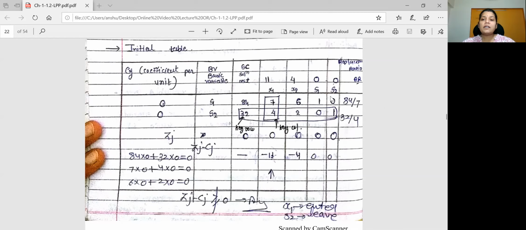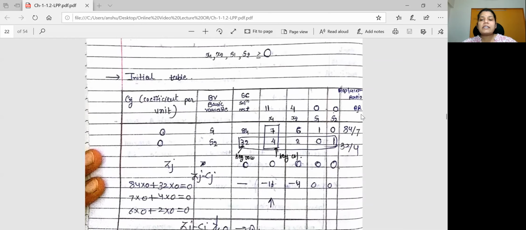So in our column, all values are positive. In case we get negative values or zero, we ignore them. We use only positive values in our replacement ratio RR. Of both values, the minimum value is 8. So our s2 variable leaves.